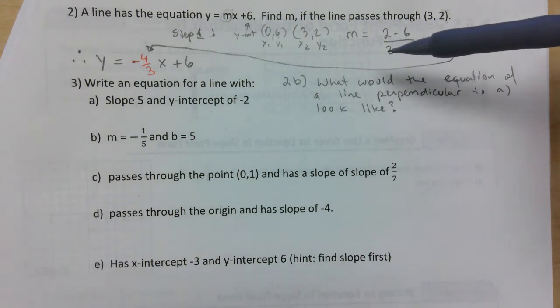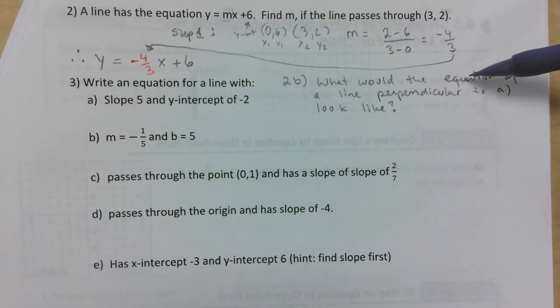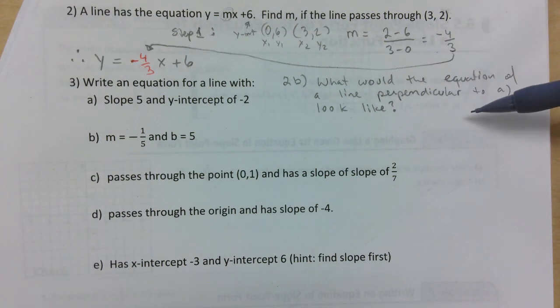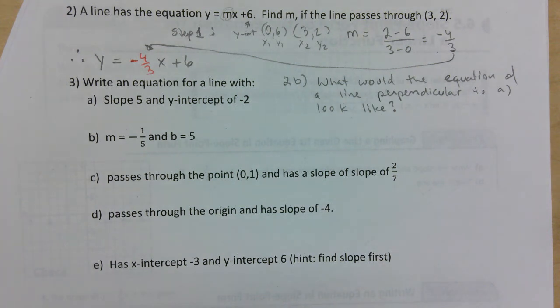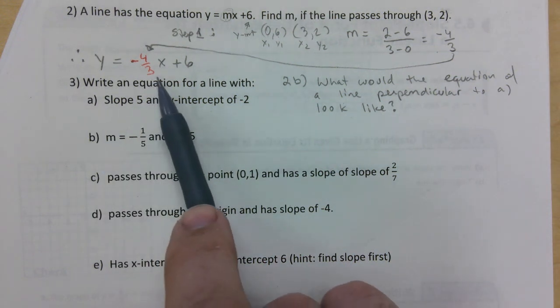Can you write that down, please? What would the equation of a line perpendicular to the line that we just found in A? We're going to make that A, right? What would it look like if you needed to come up with the equation of a line that's perpendicular to this line here?